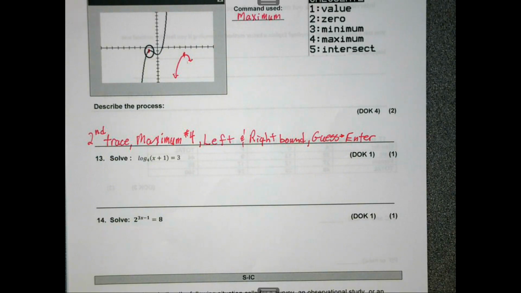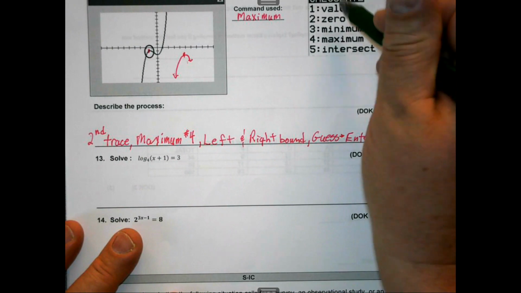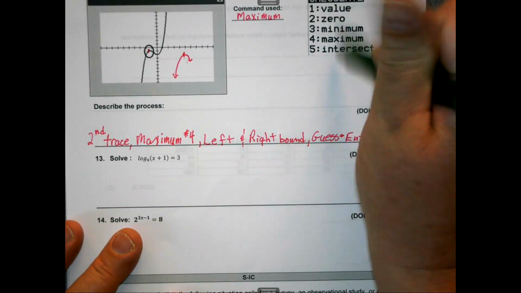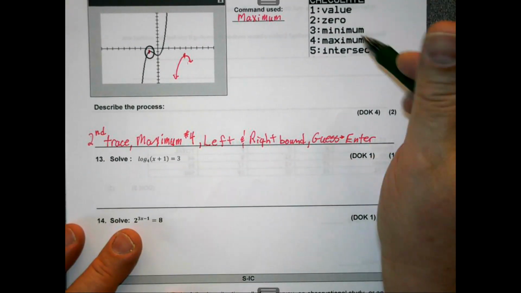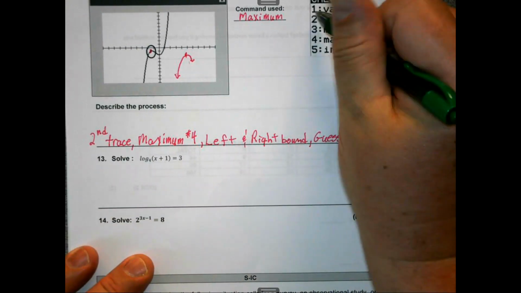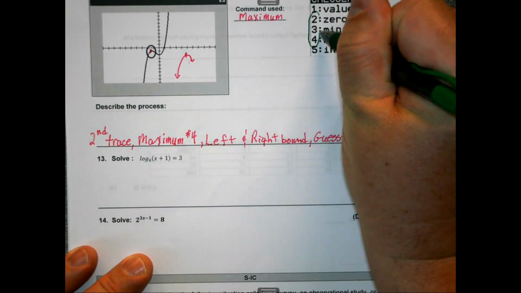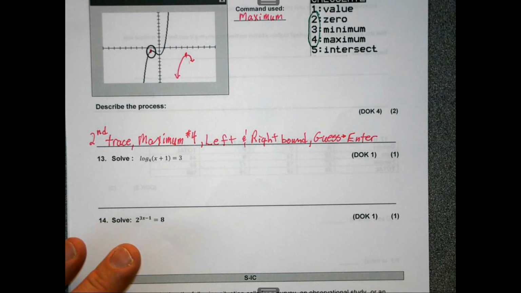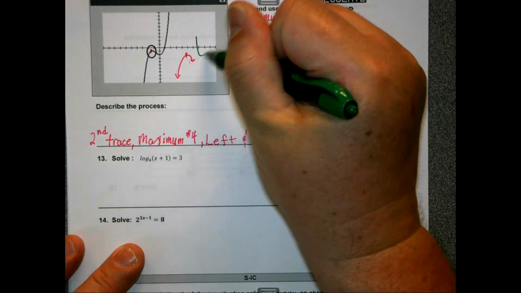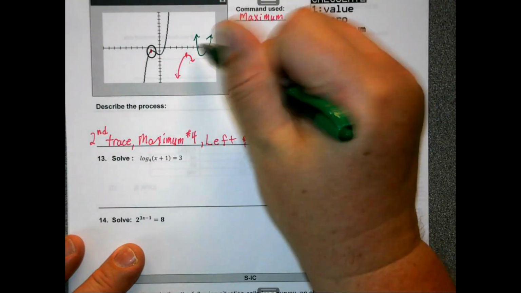Now, on your test tomorrow, okay, they're not going to ask you for the value or intersections. We didn't really cover that in Algebra 2. We covered the zeros, the min, and the max, right? If I have a parabola, and suppose I have two circles here, what are those?